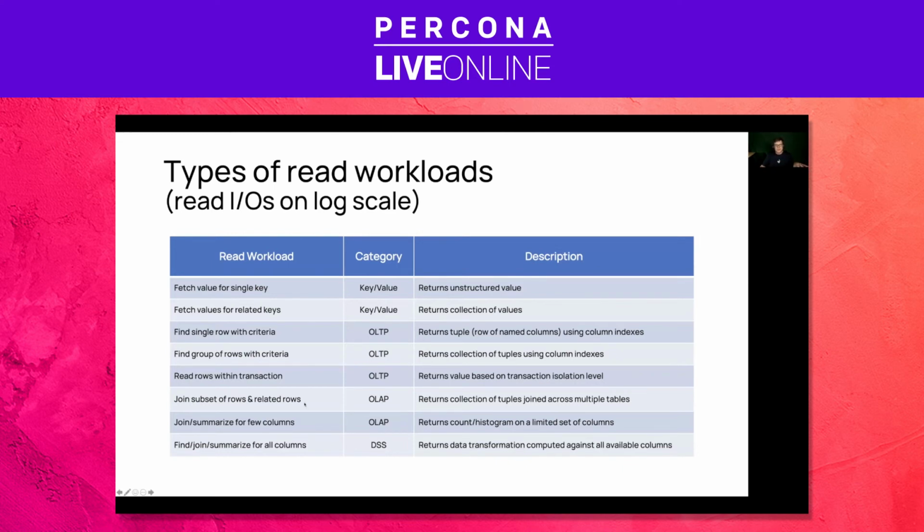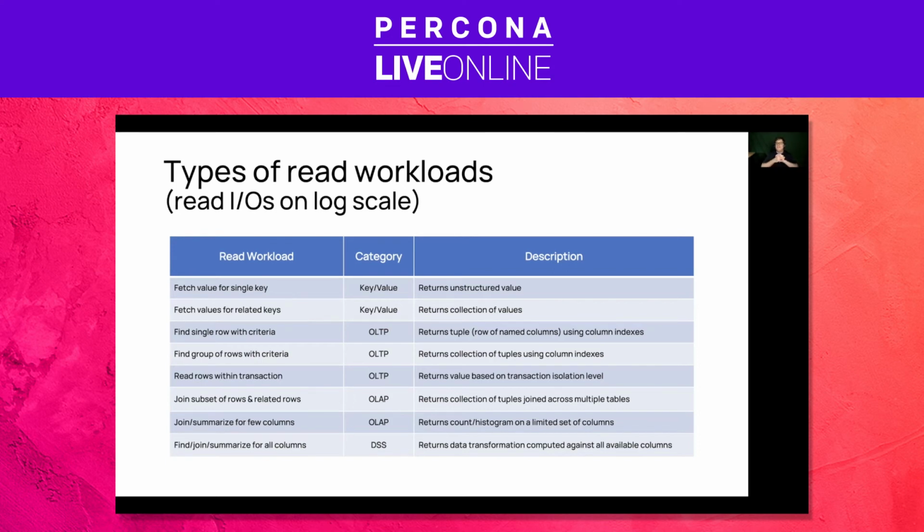So what I'm showing here is we can start with key value kinds of workloads, and that's like 1 IO. Then you're going up to 10 IOs, and then 100 IOs. It's log scale, right? By the time you get down to a DSS query, you're talking about millions of IOs that you'd be processing to do one of these queries, right?